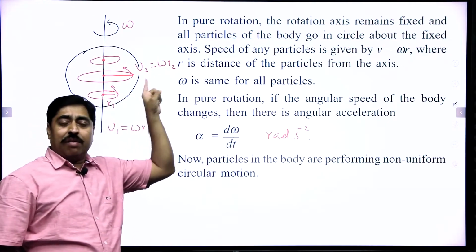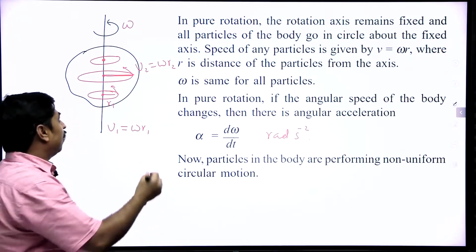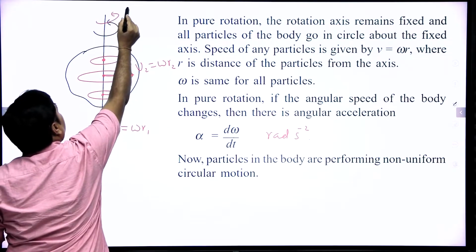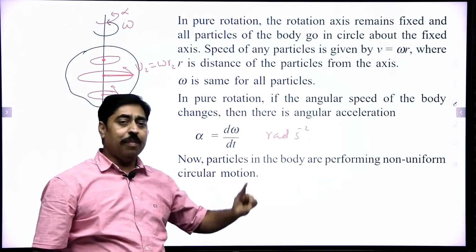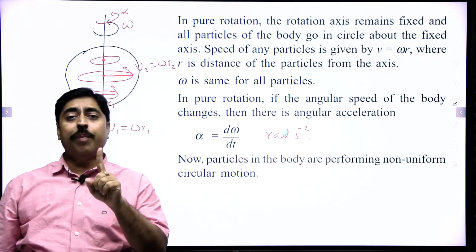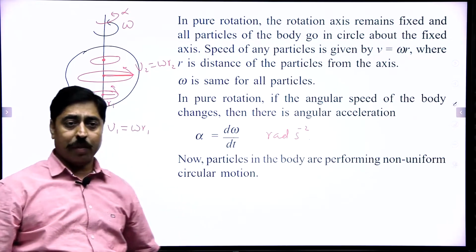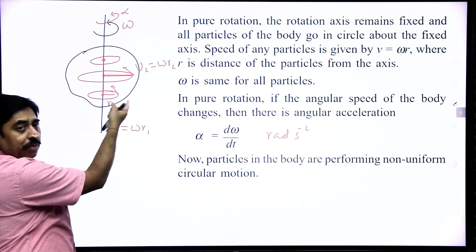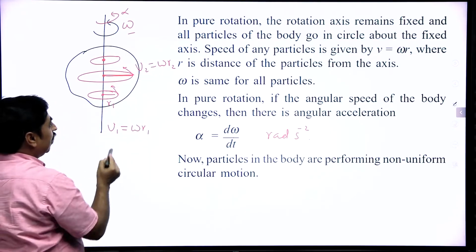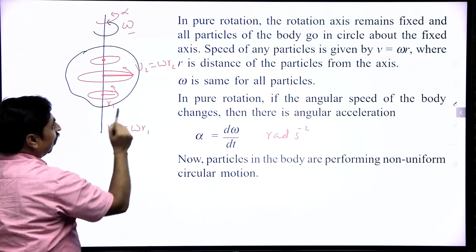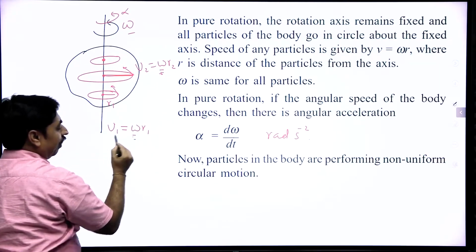When a body is having some angular acceleration, each and every particle in the body is performing non-uniform circular motion. When there is an angular acceleration, it means omega is changing, which means the speed of this particular particle or that particular particle is changing.